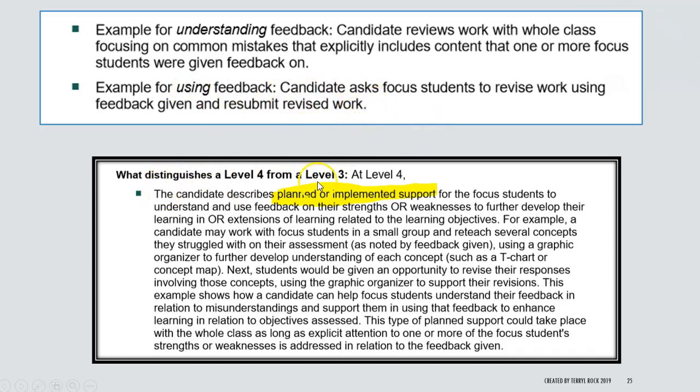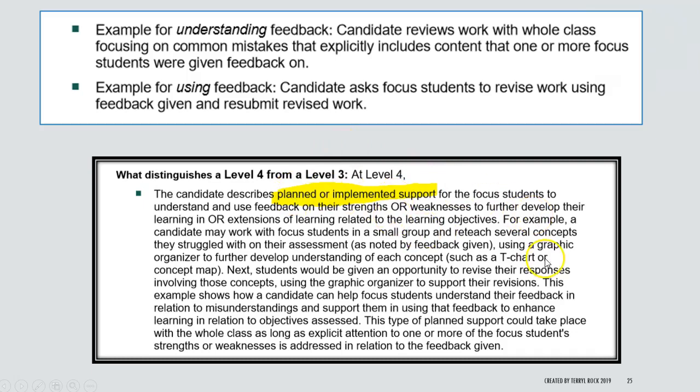But for a level 4 to be distinguished from a level 3, the candidate describes how they plan and implement support. So just going over it with them and making sure they understand it, and then just giving them the assignment of revision does not really mean support.